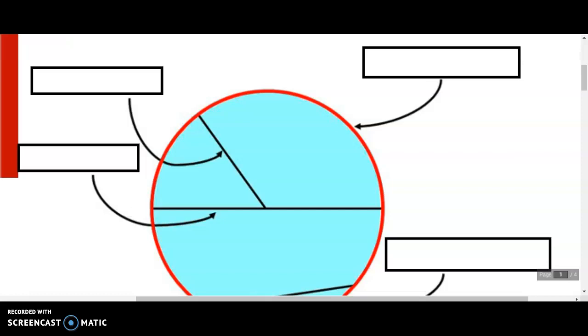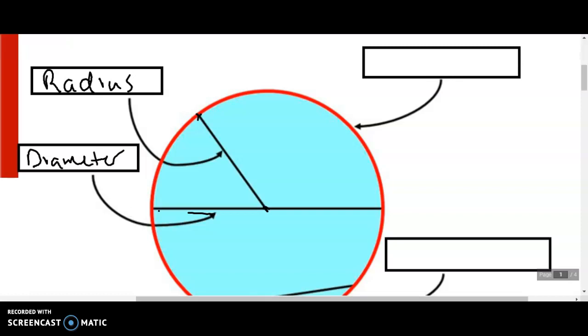The first one, this one right here, is the radius, and the radius is the distance from the center of a circle to the outside of a circle. Next we're going to look at this right here, and this is the diameter.